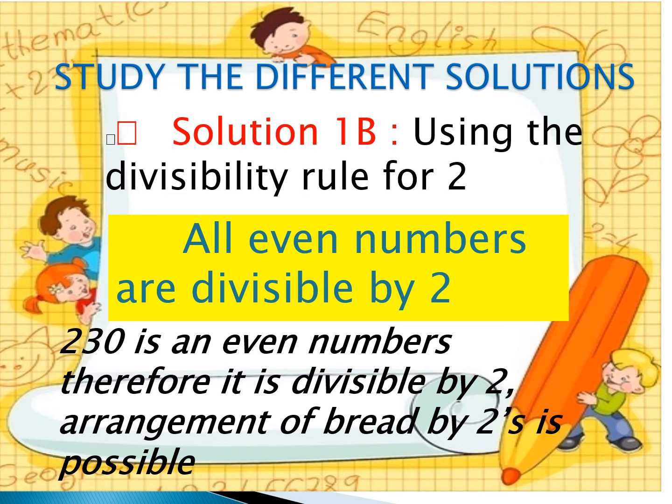So, dahil ang 230 ay 0 ang nasa hulihan, so ibig sabihin that is divisible by 2. So ito ang tinatawag na divisibility rule for 2. 230 is an even number, therefore it is divisible by 2.